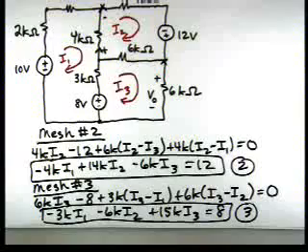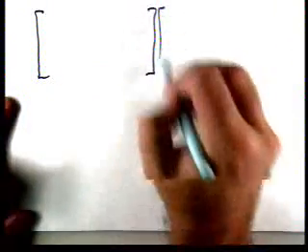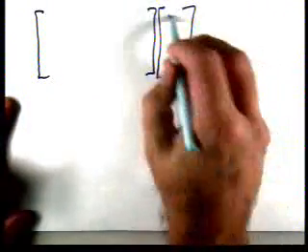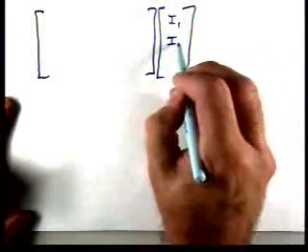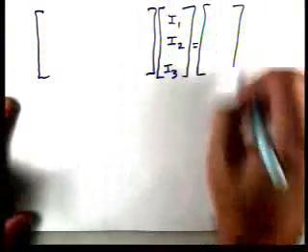Okay, so let's write them in matrix form and then solve them using MATLAB. So our equations in matrix form, and we have our vector here, I1, I2, and I3, and then here's our voltage vector.